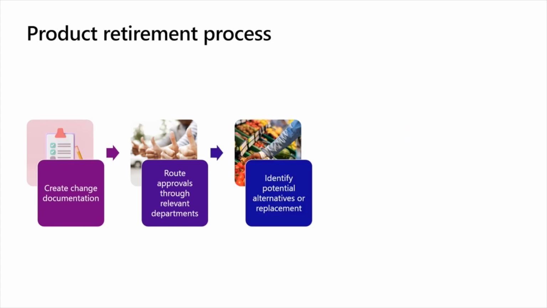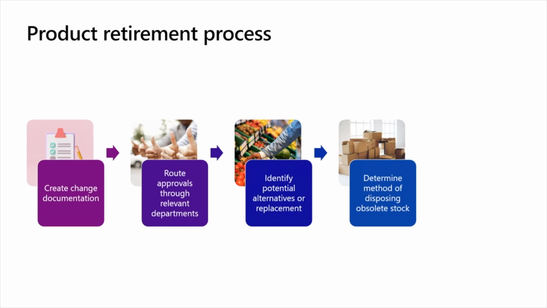Once we've gotten approval to retire the item, we need to identify whether there's an item that would be sold as an alternative, so that we can update the product record to drive sales to the alternative or replacement product. We will also need to determine what to do with any remaining stock or work in progress orders for our inventory for the item that we're making obsolete.